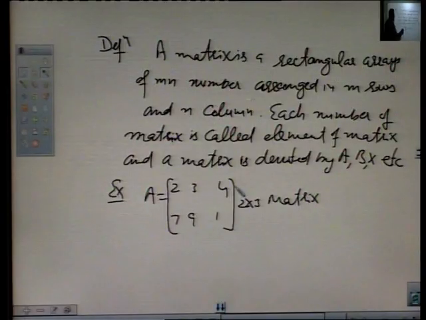This is the first row of this matrix and this is the second row. First column, second column and third column.